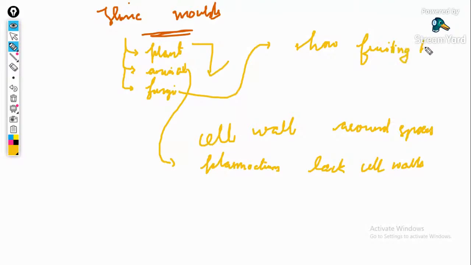Is that clear? Slime molds show more similarity with fungi, since the next kingdom is kingdom fungi, more similarities are shown.